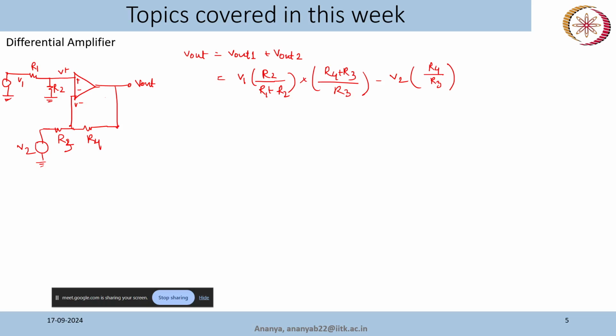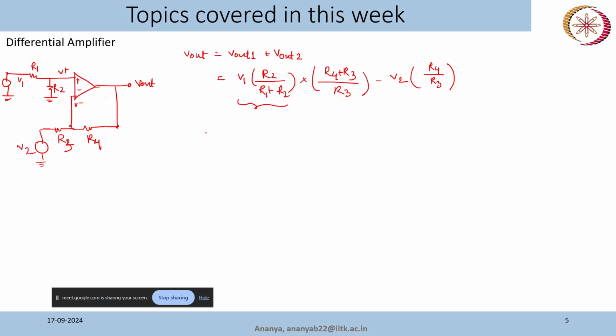And if we don't consider V2 here, for an applied voltage V1 into R2 by R1 plus R2, we will get, for non-inverting configuration, this is the gain, which is similar to 1 plus R4 by R3. So that is due to the non-inverting terminal input, and this is due to the inverting terminal input.